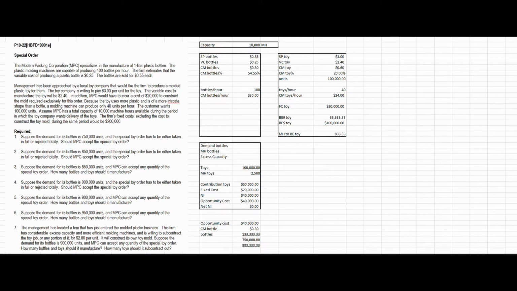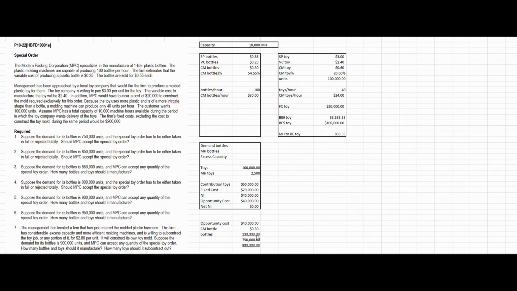If the demand went up to 750,001 bottles, what would be my opportunity cost? Well, it would be the cost of that bottle, or 30 cents. If demand went up to 750,002, there'd be 2 units I couldn't make, and so my opportunity cost would be 60 cents.